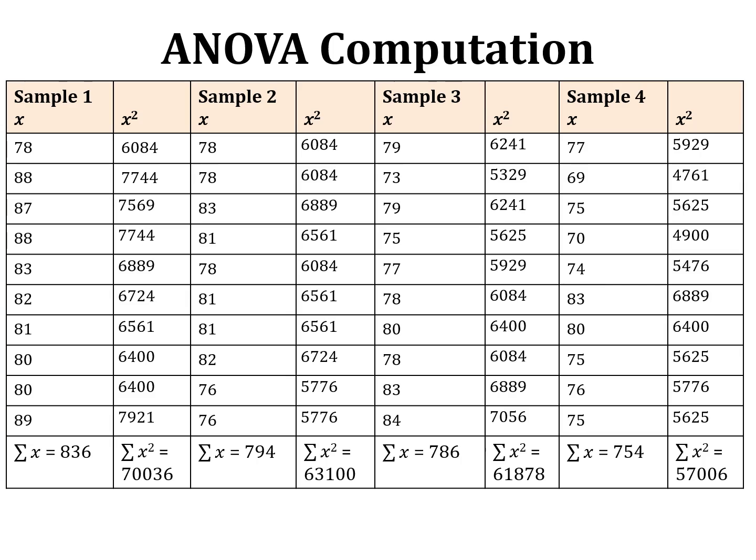For sample number 2, the summation x square is 63,100. For sample number 3, it is 61,878. And for sample number 4, it is 57,006. So this is how we calculate the summation x and summation x square.